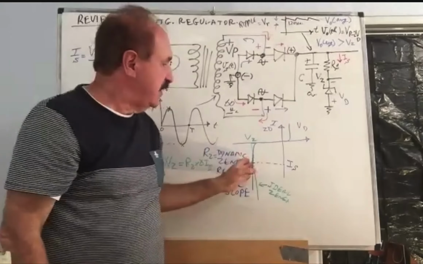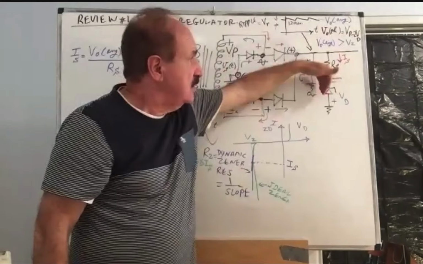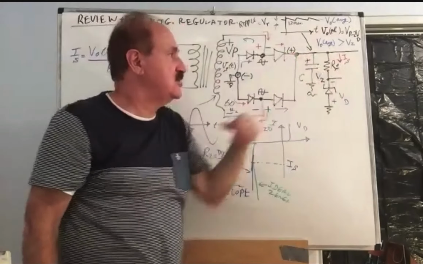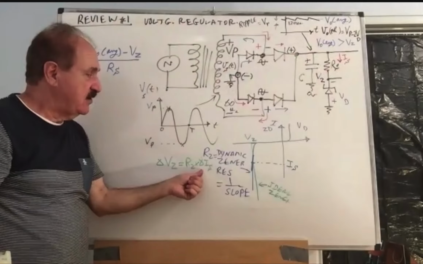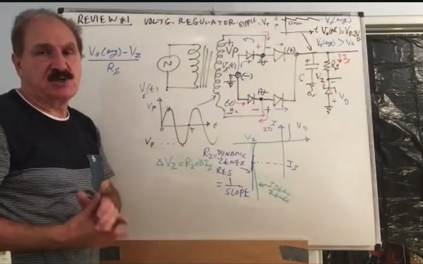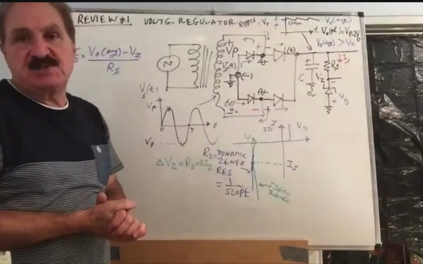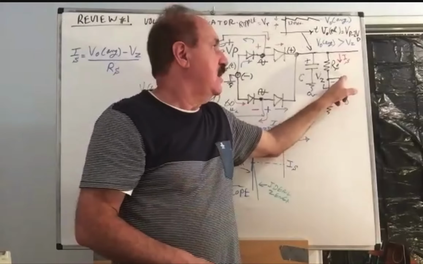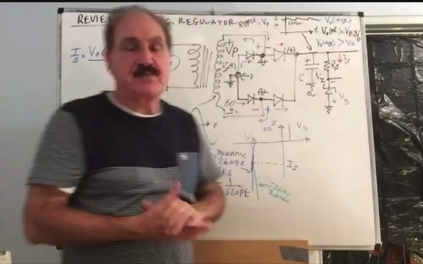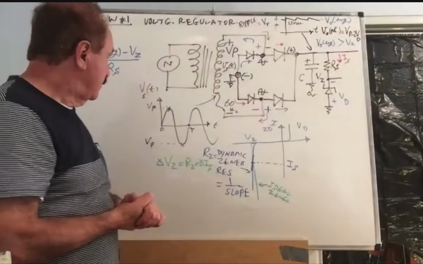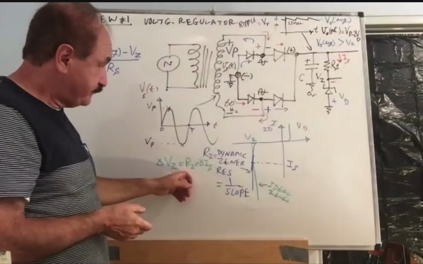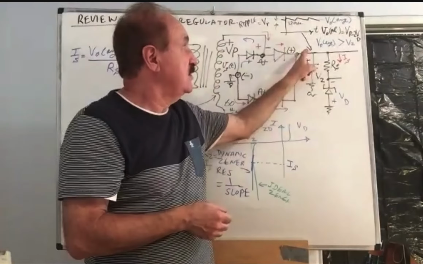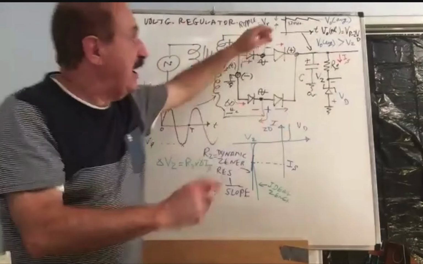So if the current increases in RS, the Zener voltage will increase by change of the current multiplied by RZ. We are going to see, therefore, a ripple voltage definitely across the Zener diode. What is the size of the Zener voltage? The ripple voltage on the Zener is going to be much smaller than the ripple voltage at the capacitor.